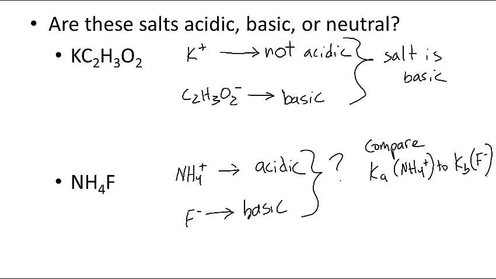Turns out in this case, NH4+ is just slightly more acidic. But this is not a situation I expect you to have to do on a test or anything. Maybe there's a couple examples on a problem set.